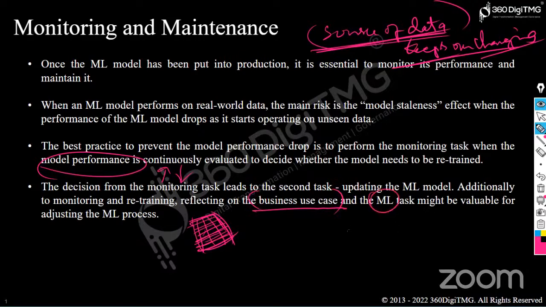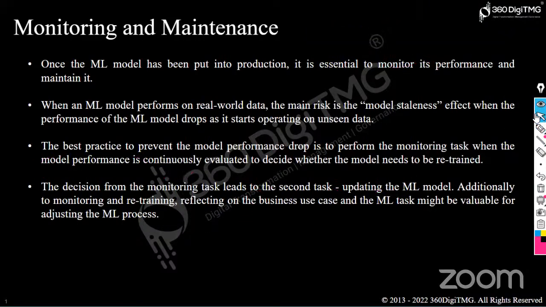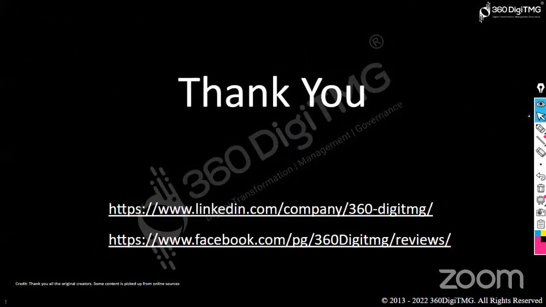The machine learning model or the task that will be performed needs to be adjusted. Okay, so this is the last step that we will perform under CRISP-ML(Q).